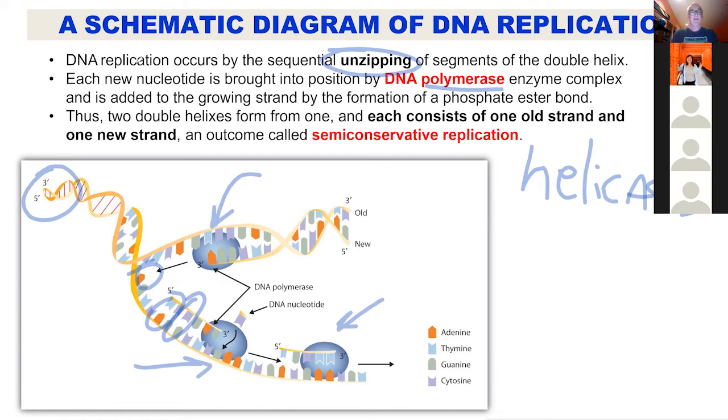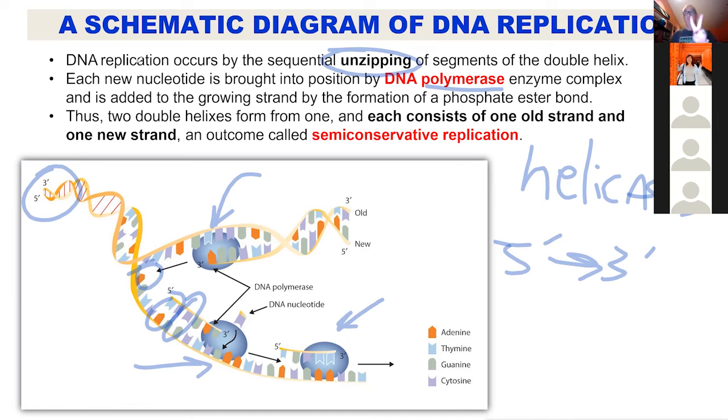And they're doing it in the 5' to 3' direction. So wherever they see an A on the single-stranded DNA, they put a T. Where they see a G, they put a C. Where they see a C, they put a G. And they just continue going along.